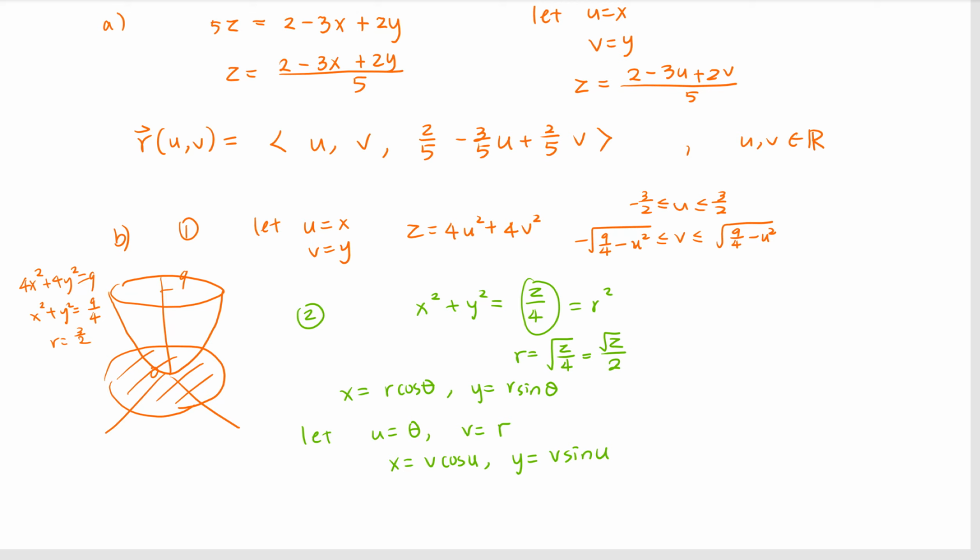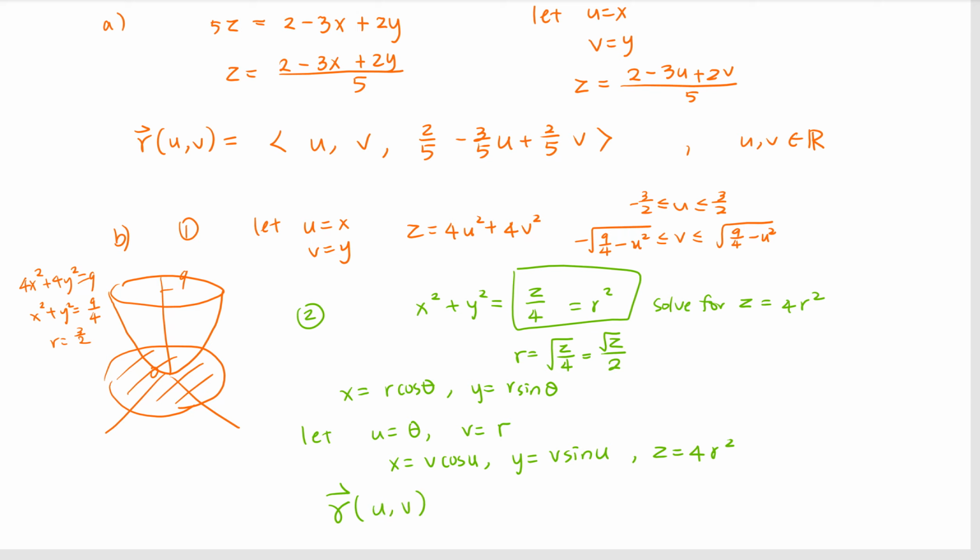And how about the z? What's the relationship? We want to express z in terms of r. Solving for z, z is 4r squared. Now, to avoid abuse of notation, let's call the parameterization gamma rather than r.